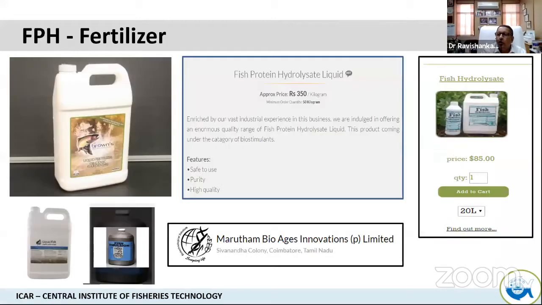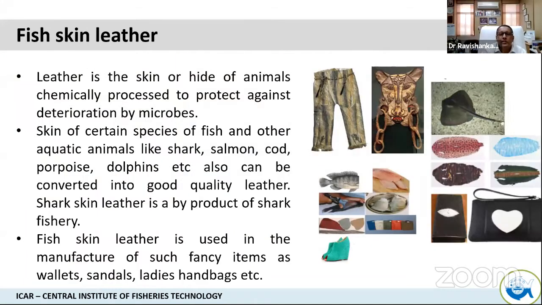So you see, a lot of innovations are happening from the fish waste. It is very cheap. It is actually fish protein hydrolysate. A company like DuPont is working with us. Why? Such a company will not come and get into waste utilization unless they know there is huge potential. A lot of products can be done. And you see the leather, a lot of products can be done. But we are not capitalizing on all this at all.